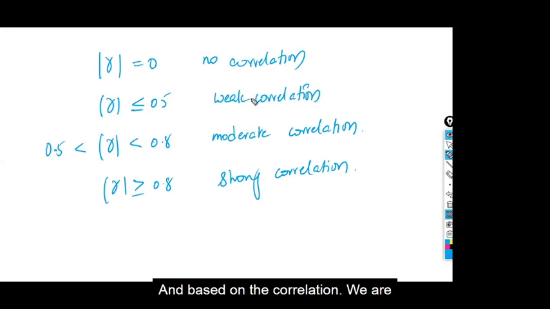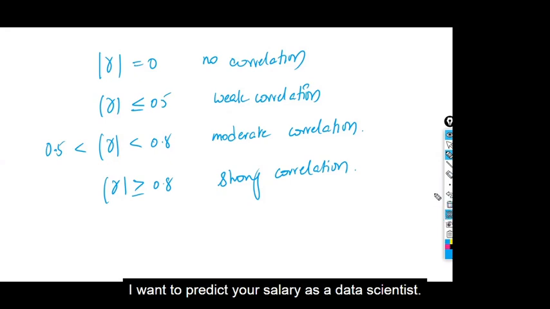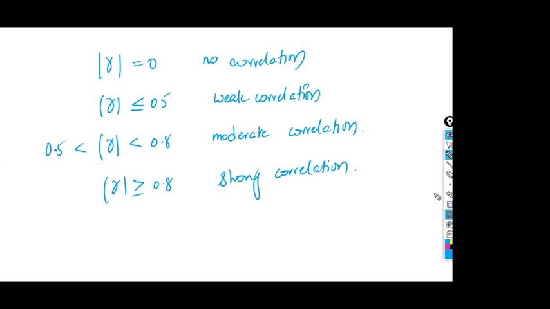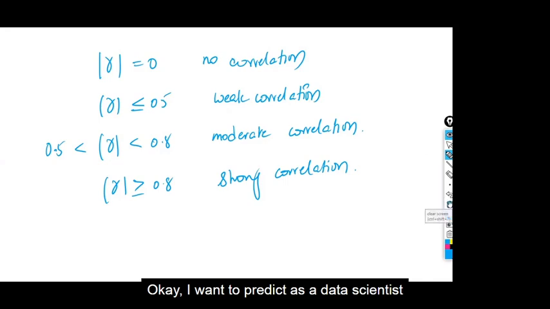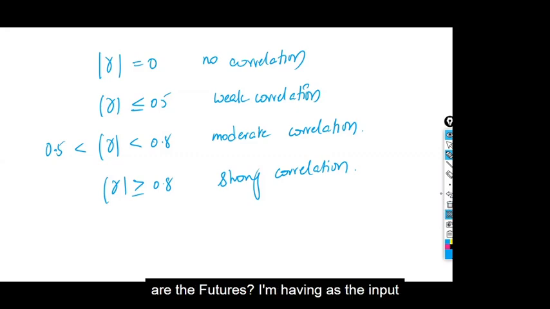And based on the correlation, we are going to ignore some features. For example, I want to predict your salary as a data scientist. That is the output I want to predict. For that, what features do I have as input?